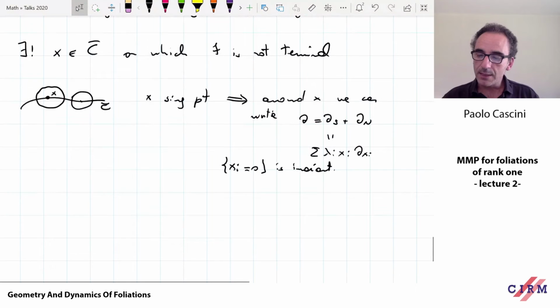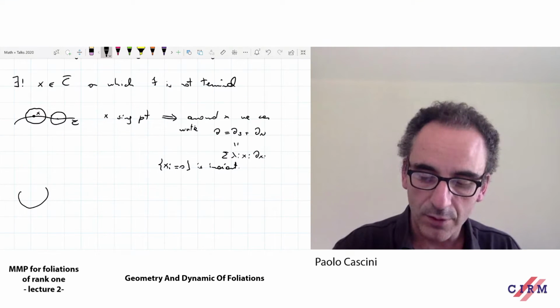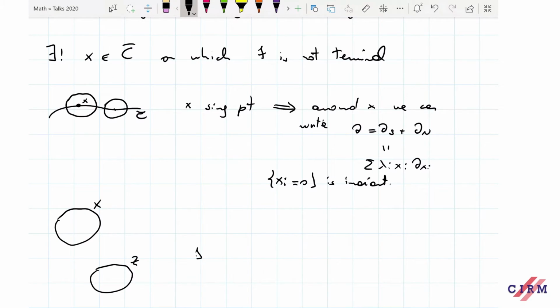So let me explain some of the tools that we use to solve such an issue. What is easier? Let me pretend for a moment that we can move the foliation from X to Z. So let me go back to the picture we had before. Just now we had the foliation defined on X, which was giving a foliation on Z in such a way that the curve is mapped to a point.